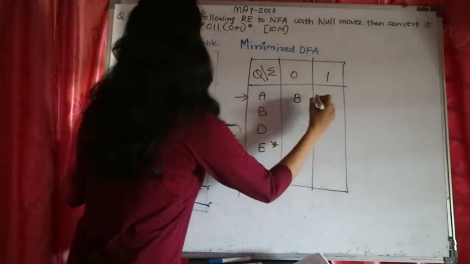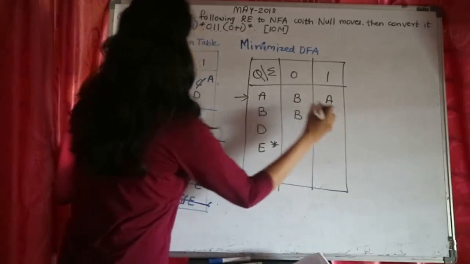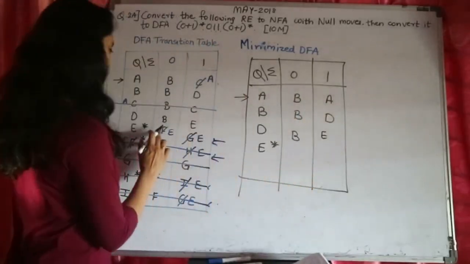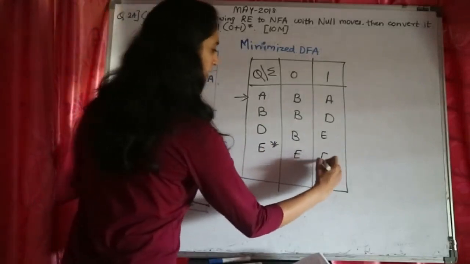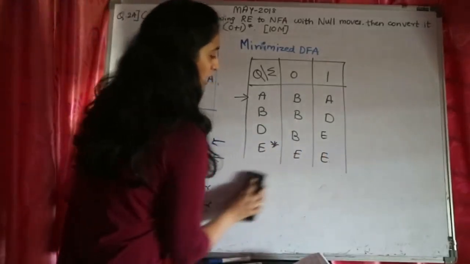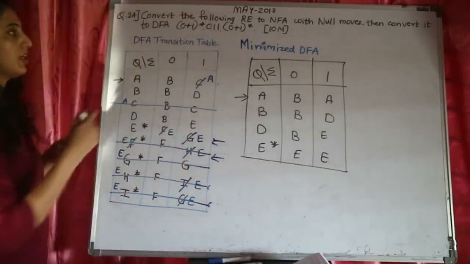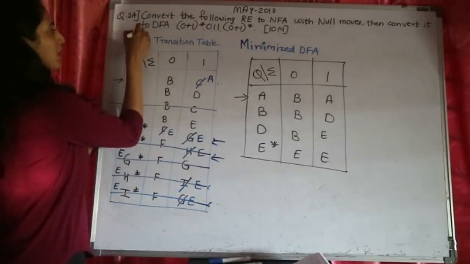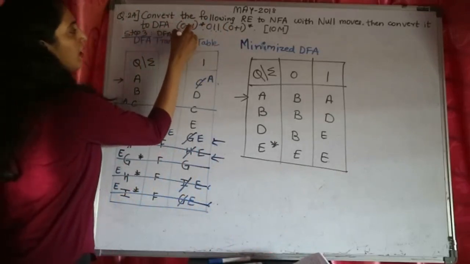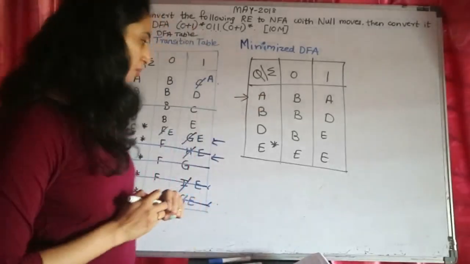A will go to B and A, B will go to B and D, D will go to B and E, and E will go to E and E. So this is the final DFA table which we have constructed for this above question. We can say this is the third step, Step 3, DFA table. Now on this final DFA table, we can draw the DFA diagram also.